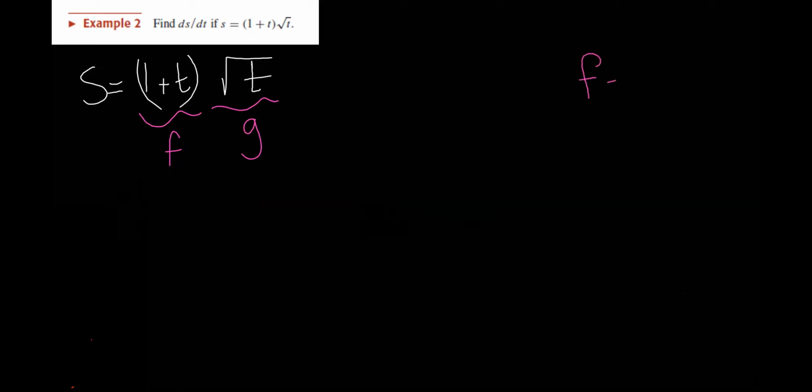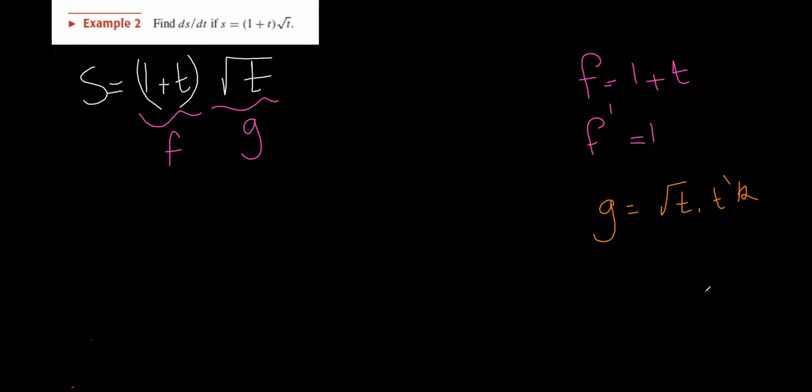I name f now. Since I say that f is 1 plus t, I need now to find f prime. If I have 1 plus t, f prime will be 1. So the first step here, I have to determine which is f, then find which is f prime. Then I have to say which is g, which is square root of t, or I can write it as t raised to the power half.